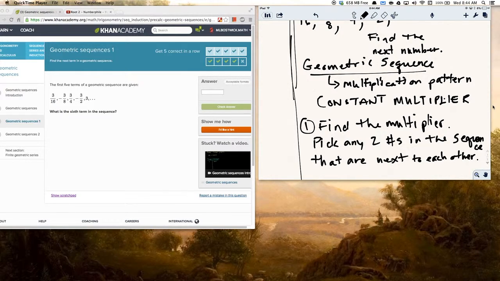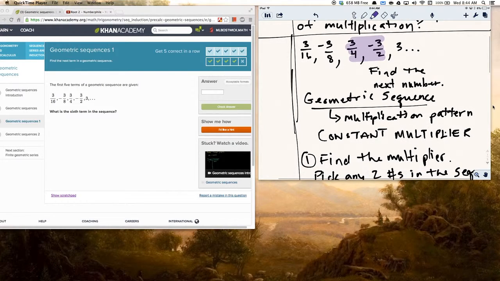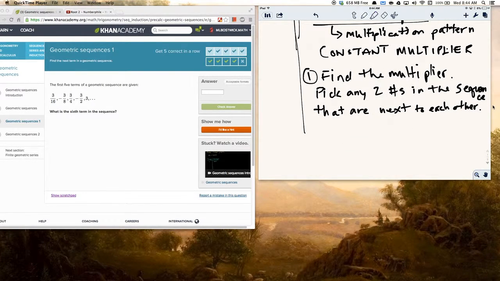Pick any two numbers in the sequence that are next to each other. I'm going to choose these two numbers here, 3/4 and negative 3/2. So I'm going to write those numbers like this: 3/4 times something that I don't know yet equals negative 3/2. And so I need to decide what I've multiplied 3/4 by to get negative 3/2, and that's going to be the multiplier for my sequence. And we'll test that out here in just a second.